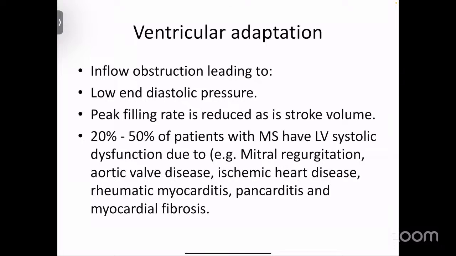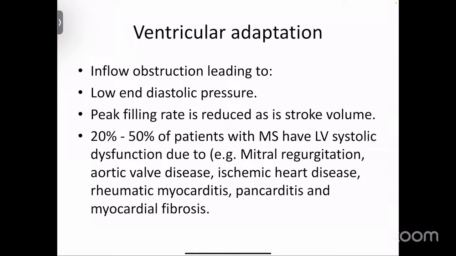The inflow obstruction of the LV can also lead to reduced peak filling, as is the stroke volume, and approximately 20 to 50% of patients with mitral stenosis have left ventricular systolic dysfunction due to accompanying mitral regurgitation, aortic valve disease or ischemic heart disease, rheumatic myocarditis, and myocardial fibrosis.